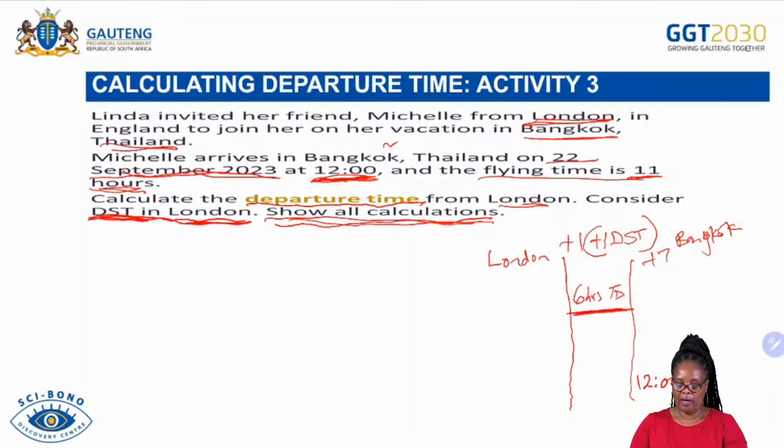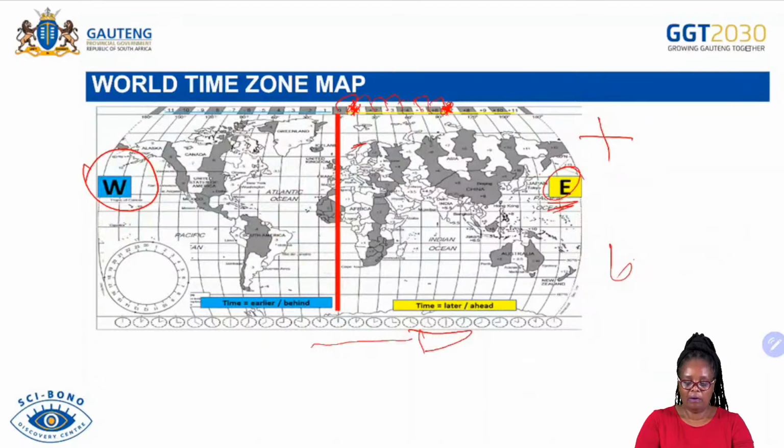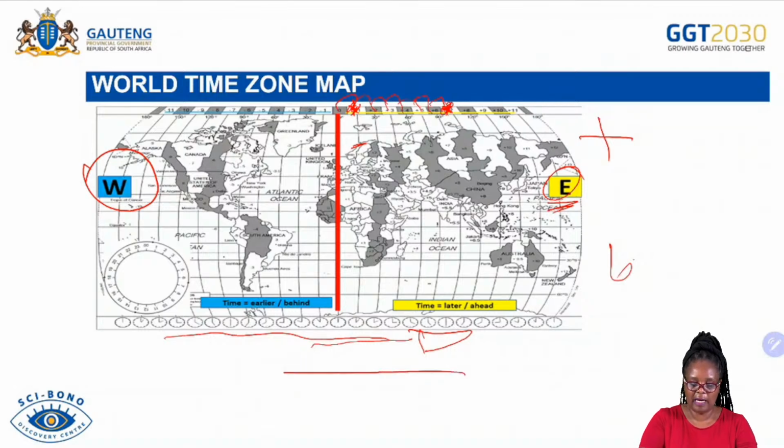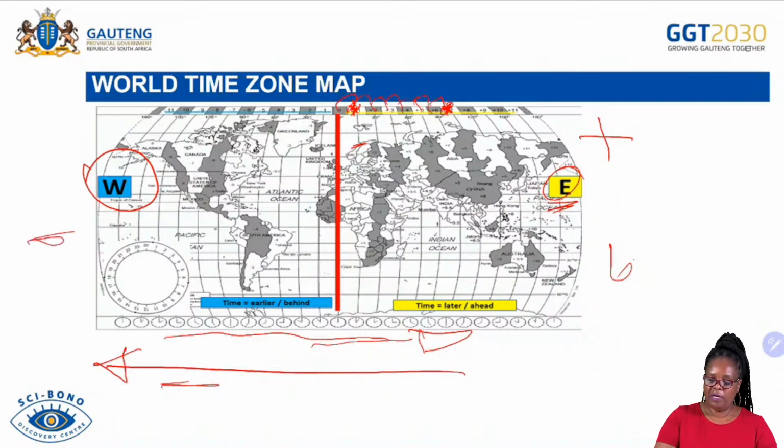So here we have the time. This is the known time. And here we don't know the time. From our map, if we move from this side to the eastern side, we'll be adding. But if you move to the western side, we'll be minusing. We have been given the time for Bangkok.